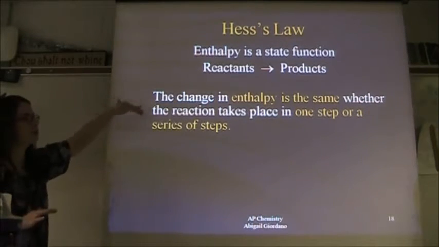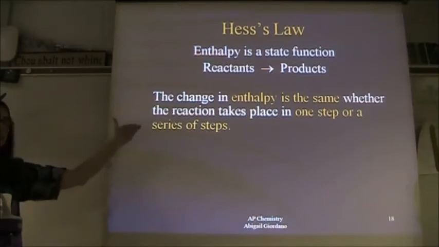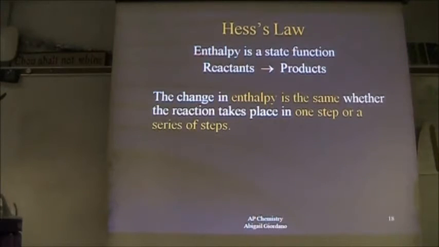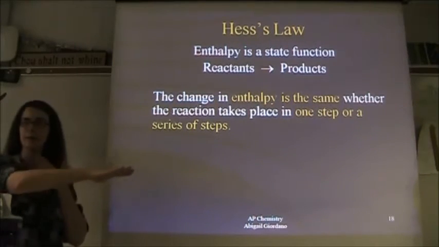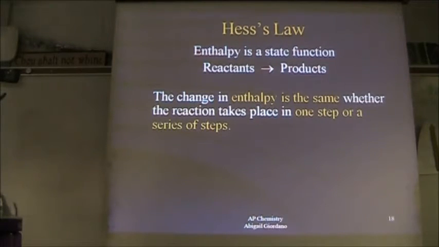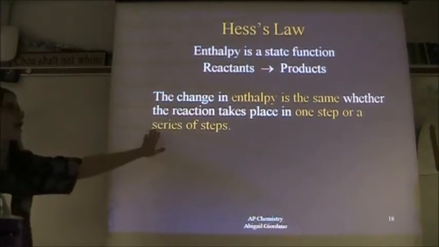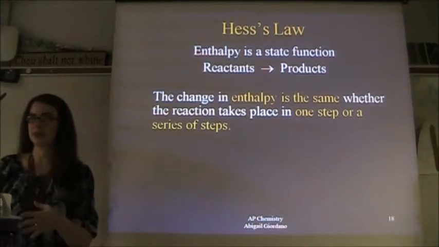But even before I talk about this, I want you guys to understand something about chemical reactions in general. Some reactions occur in one very quick step. Reactants to products, boom, done. Other reactions occur in a series of steps.